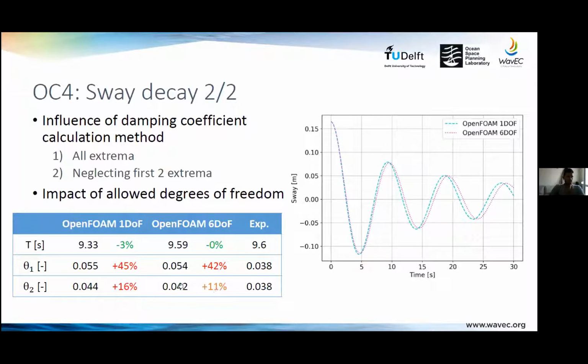Depending on which calculation method of the damping coefficient you apply, we are also starting to get to an acceptable level of the damping coefficients. As a learning from that, I would definitely say it doesn't make sense to reduce the degrees of freedom allowed in CFD.